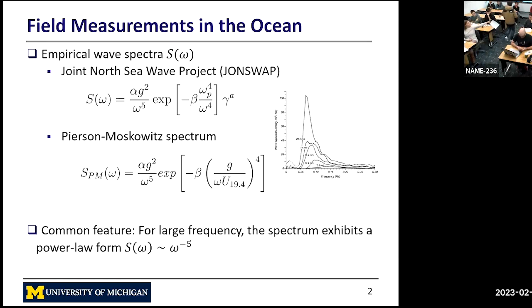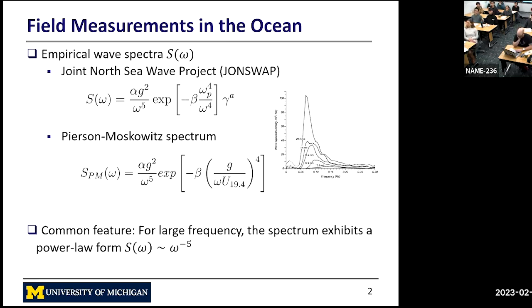However, we do have some common feature that we can draw from the spectrum. That is, if we consider large values of omega, meaning large frequency, then all these exponential functions become 1, because we essentially have exponential of 0 when omega becomes large.